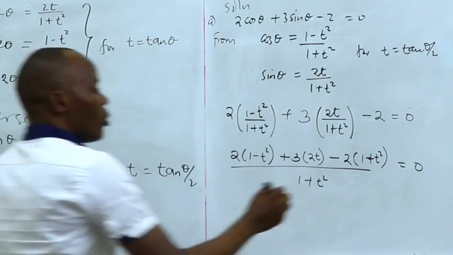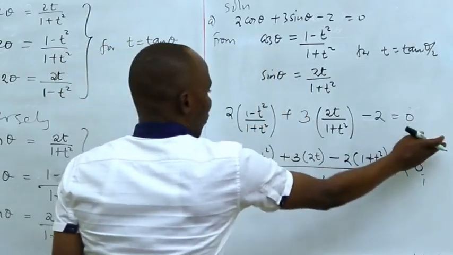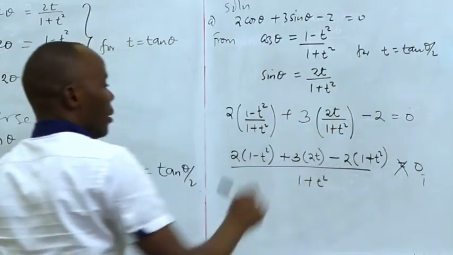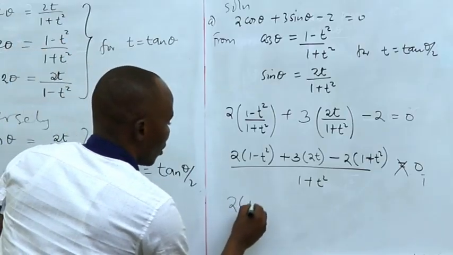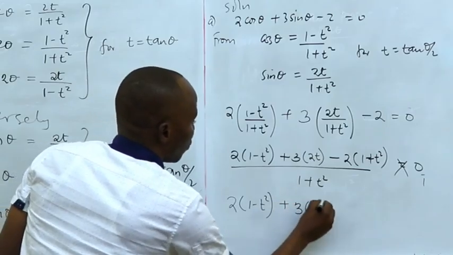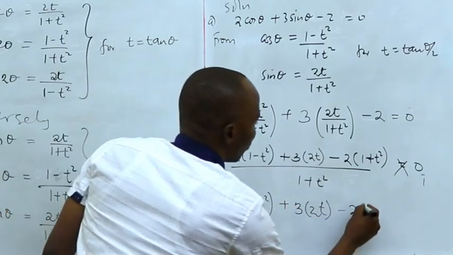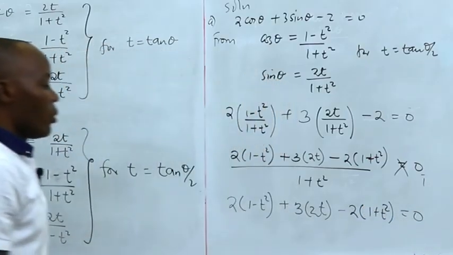If you cross multiply, I can place a 1 here. This one goes with a 0. So if you cross multiply, you have 2 into 1 minus t squared plus 3 into 2t minus 2 into 1 plus t squared. Everything is equal to 0.